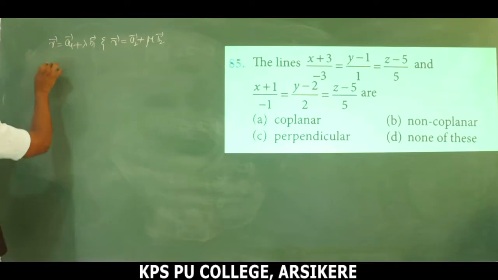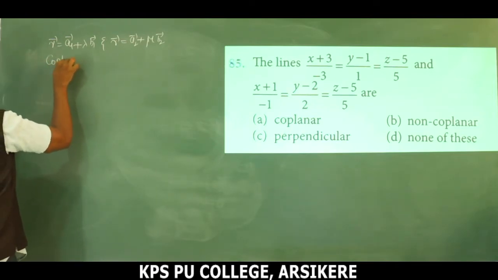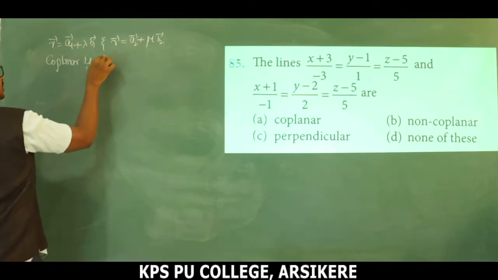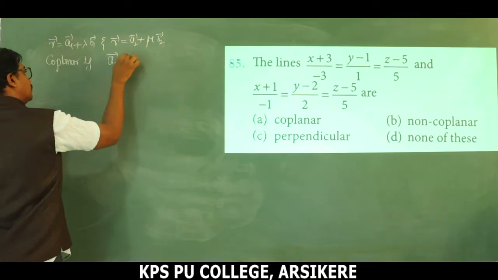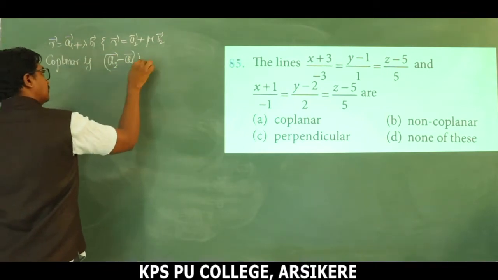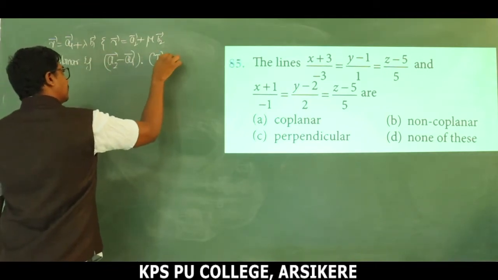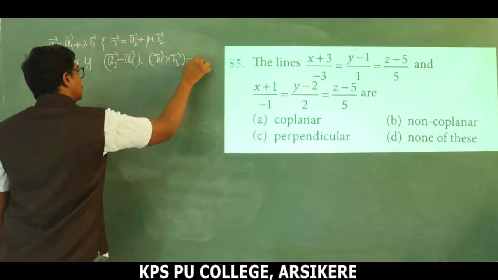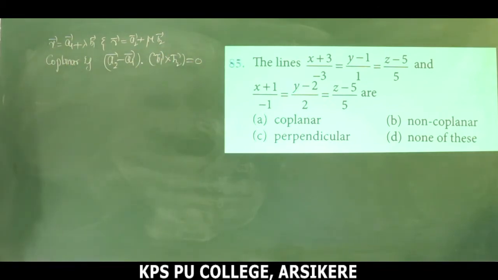So when these two lines are coplanar, we have the condition a2 minus a1 dot b1 cross b2 is equal to 0, right? You have to check this condition. So what is a2 minus a1?